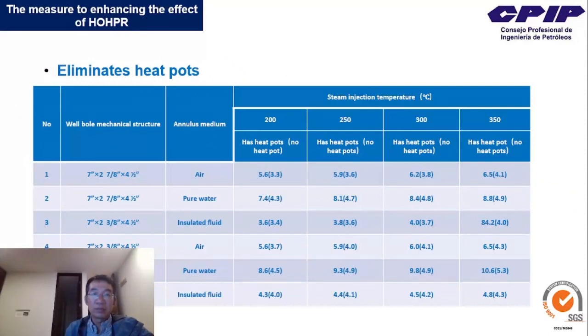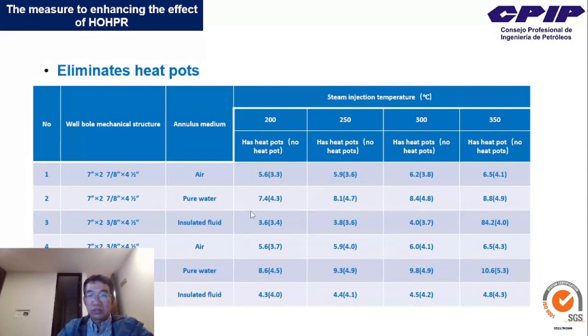Eliminate the heat loss. We can see the table. We have some variable structures. The tubing like 7-inch like this, and the annular medium is different. We have the air, pure water, isolated fluid, and so on.